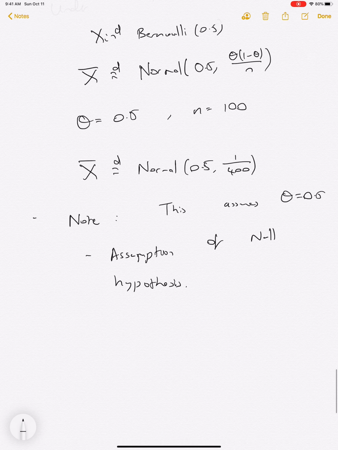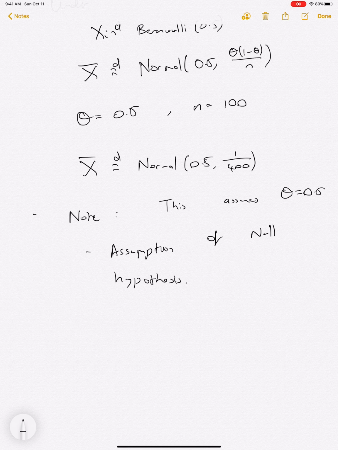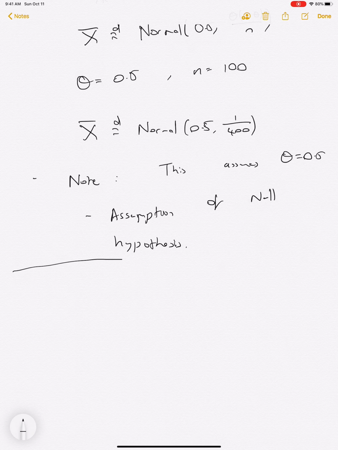This is the assumption of the null hypothesis. Okay, and this leads to another couple of definitions that are useful.